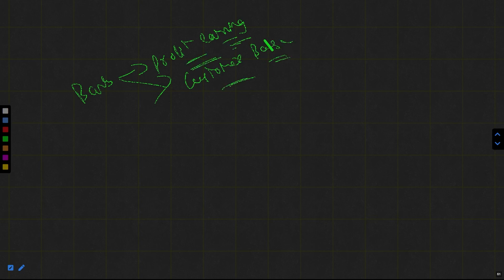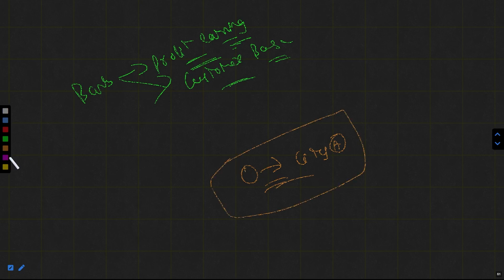Suppose there is a city A, and a bank has its office or operations only in city A, and there is another bank that operates in city B, city C, city D, and so on.